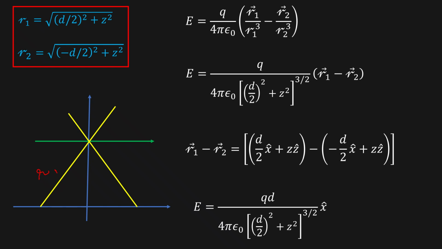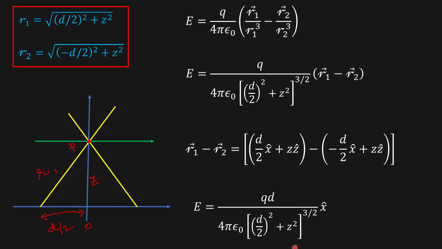Script R1 is equal to this, t by 2 from the origin, and this is z from the middle to point P. Now this script R1 is equal to square root of t by 2 whole squared plus z squared. Similarly, what is script R2?